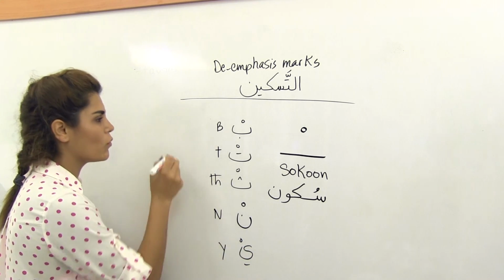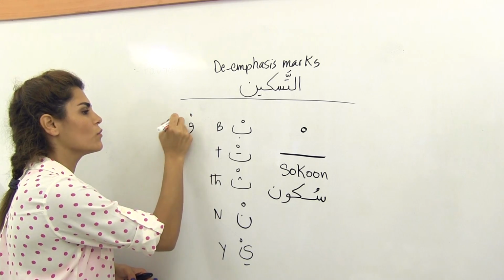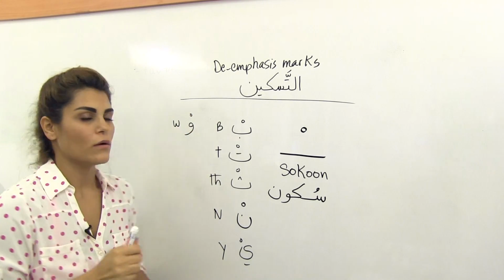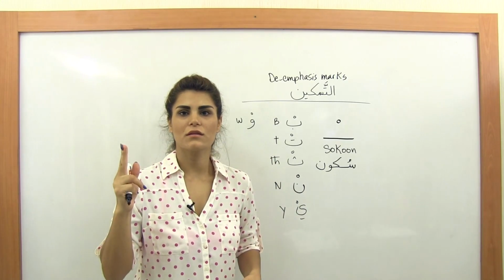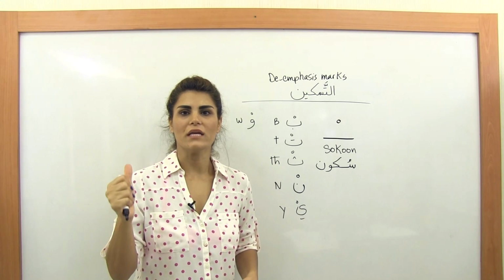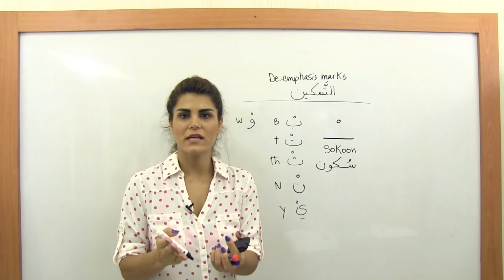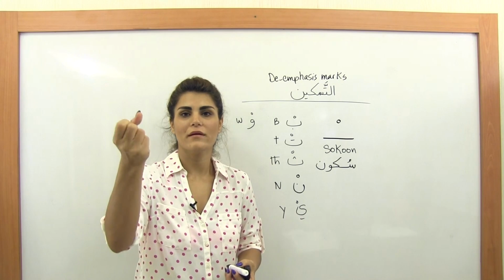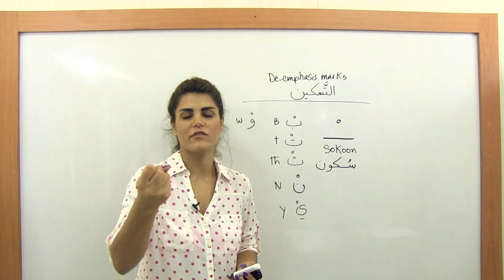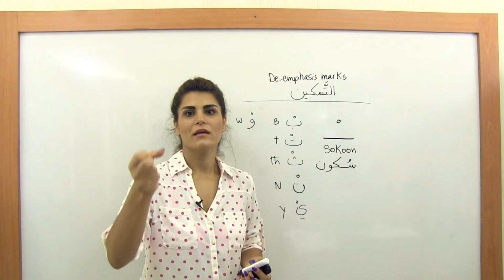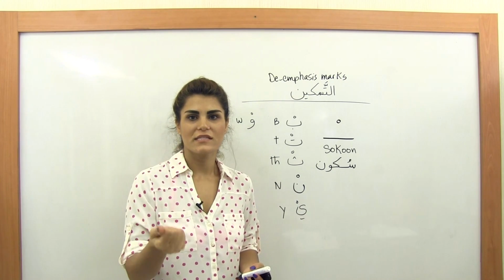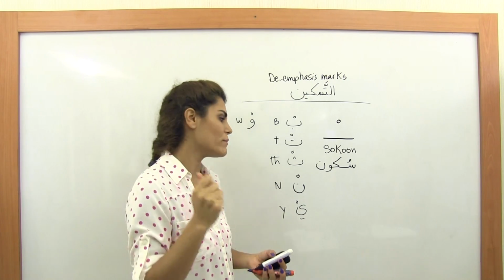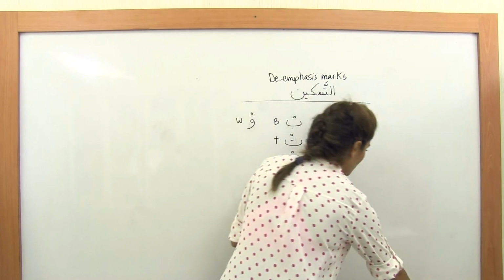Wow is wu. So t, th, n, w, y. Okay, no sound. It is depriving the letter from taking a sound. It's a stop, silent. Okay, so remember those meanings.